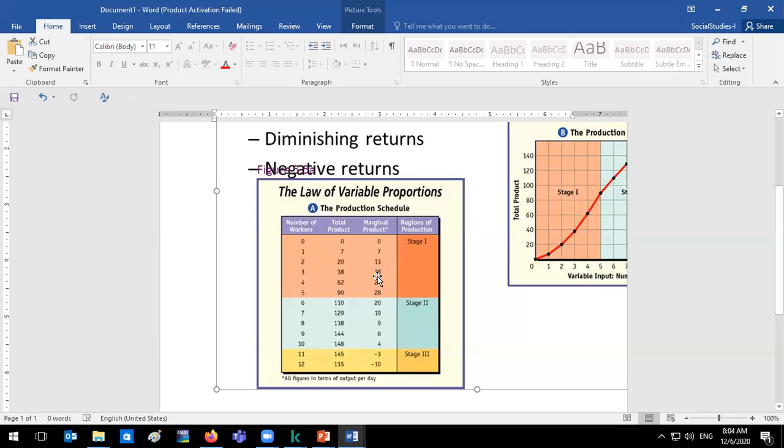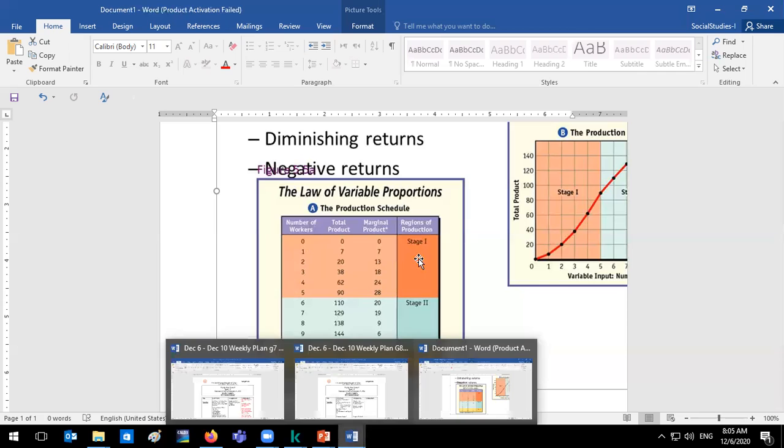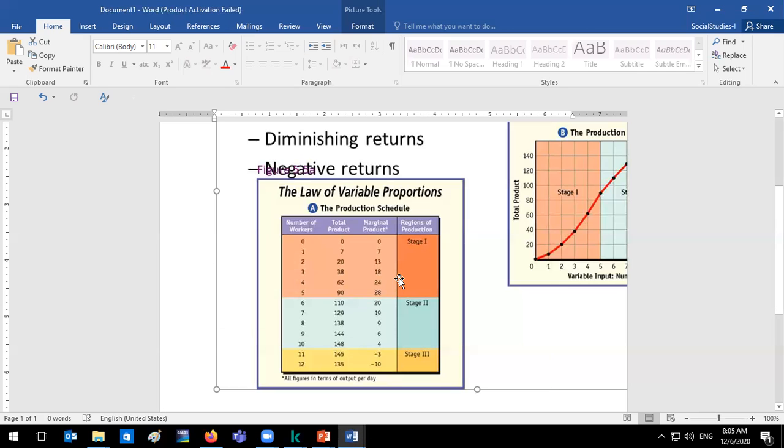I subtract 38 minus 20, and I have my 18. So basically my marginal product is the extra units of a product produced by one additional employee. You understand that, Maya? Yes.